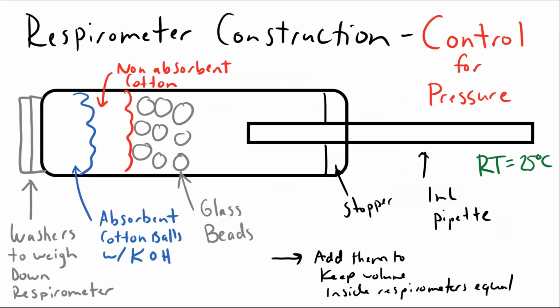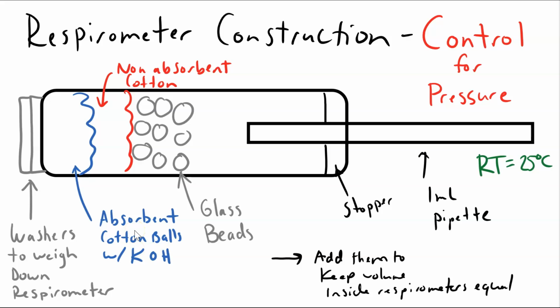So this is how we'll construct our respirometer. Essentially, again, it's a glass vial with a stopper and a pipette sticking out of it. On the back, we have these washers to weigh it down, because remember, you want it to be submerged in water. And then inside the respirometer, you'll see the following components. You're going to see absorbent cotton balls all the way to the back that have a predefined amount of potassium hydroxide added to it.